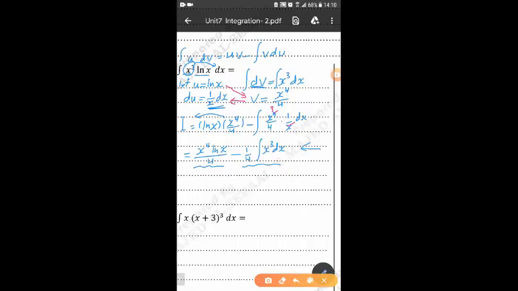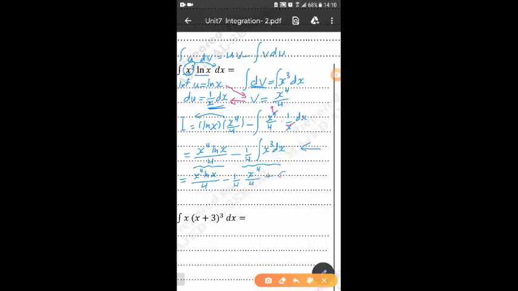Equal x to the power of 4, sorry, x to the power of 4 ln x over 4 minus 1 over 4, x4 over 4, because it's integration.